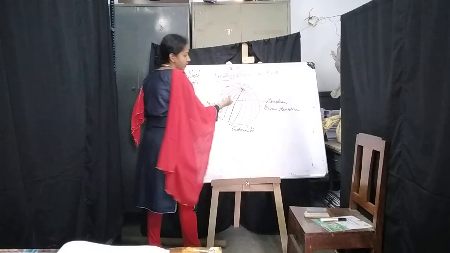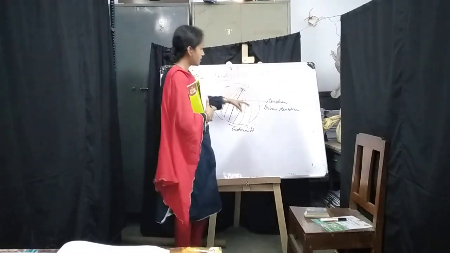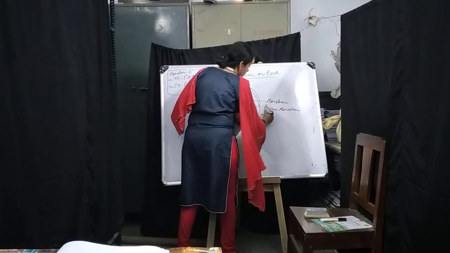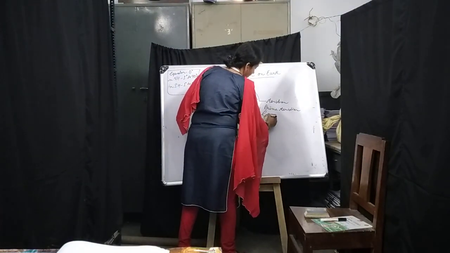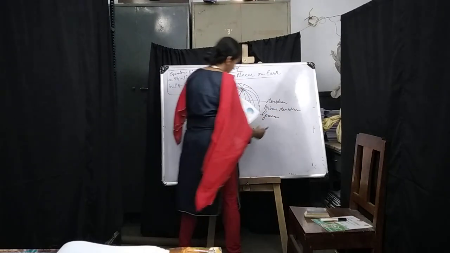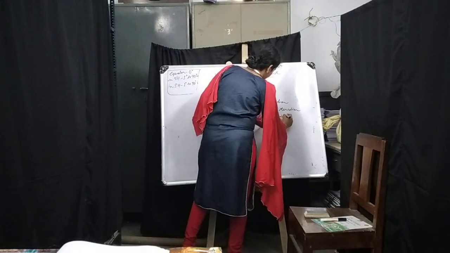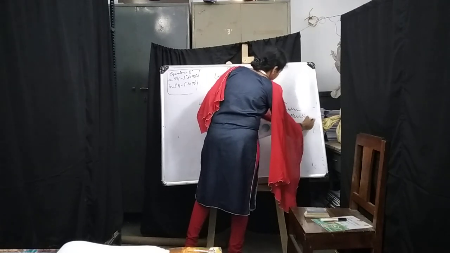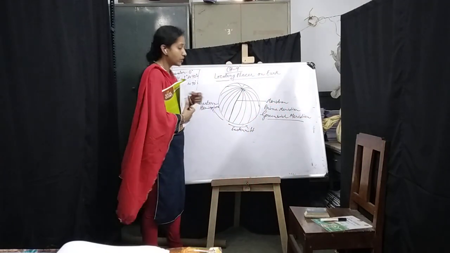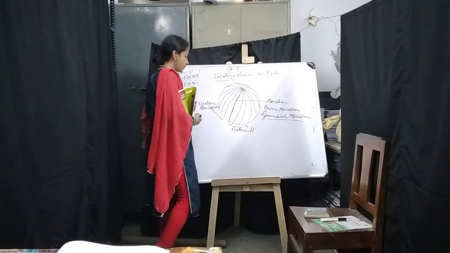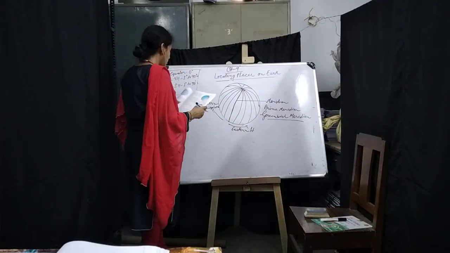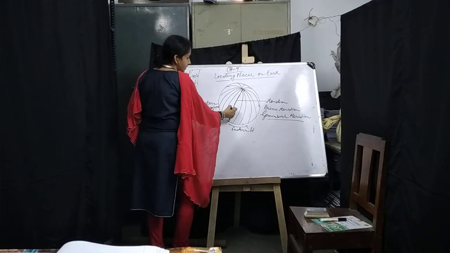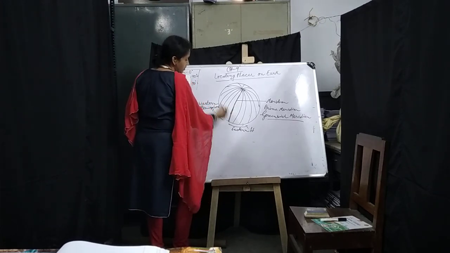So it actually passes through Greenwich in London, so that's why it is also called the Greenwich meridian. Okay. So all the other meridians are numbered from the central meridian, that is the prime meridian.